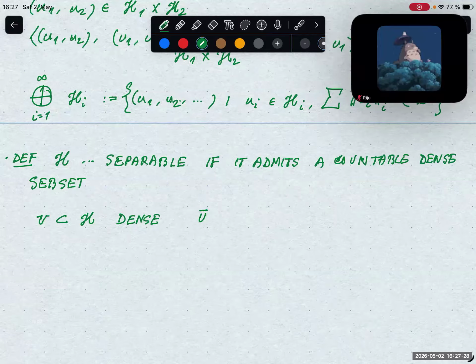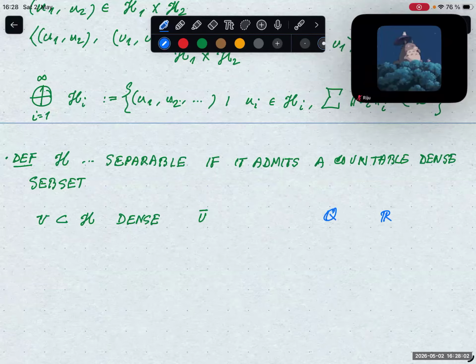Okay, so let me give an intuition rather than a formal definition. Of course, that formal definition is important. So the intuition is that you take, for instance, the set of rational numbers Q. So it's a side remark, Q. And then you have the set of reals.